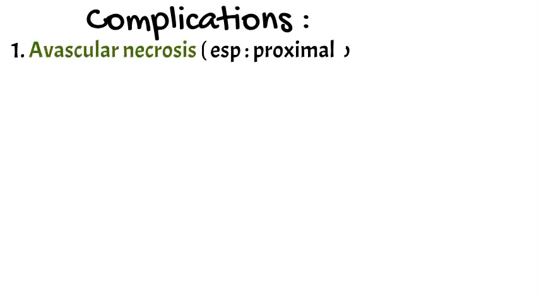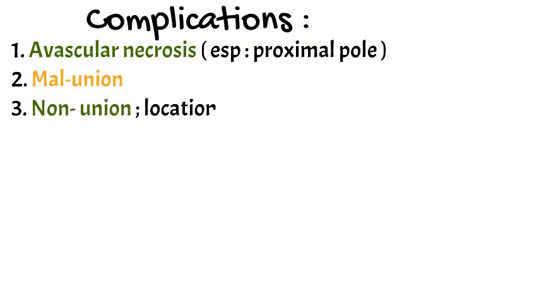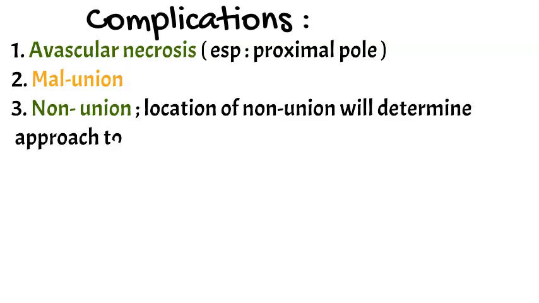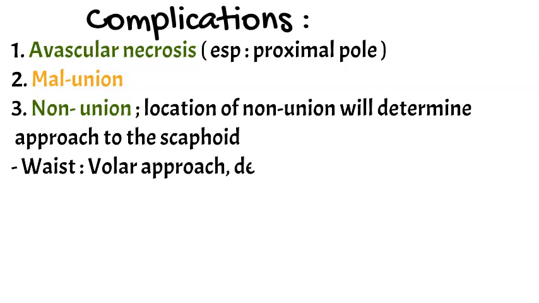Complications of scaphoid fracture. Number 1, avascular necrosis, especially at the proximal pole. 2, malunion. 3, non-union. The location of non-union will determine the approach to the scaphoid.